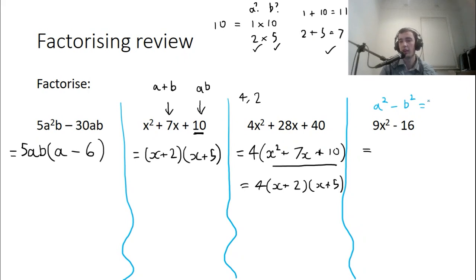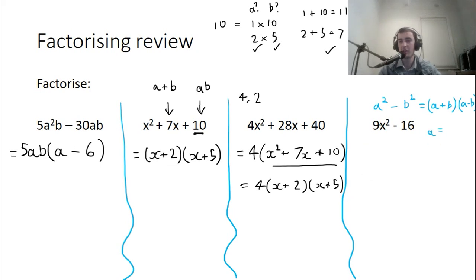And the full rule for this is if you've got a squared minus b squared, then the factorized version of that is a plus b times a minus b. So if we can work out what a is and what b is, then we can factorize it.